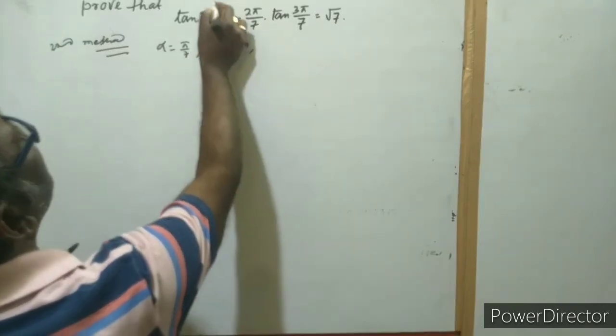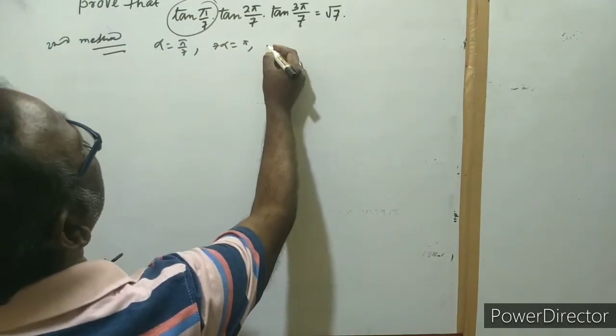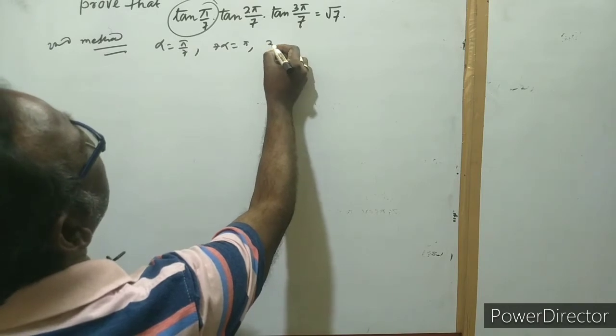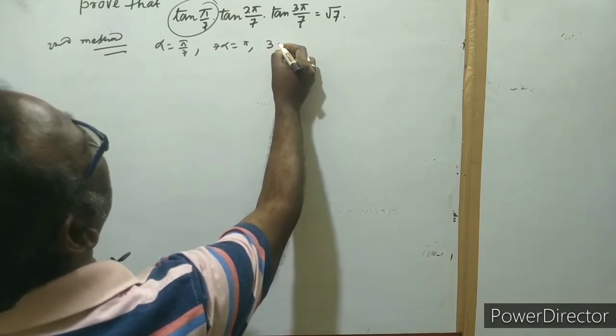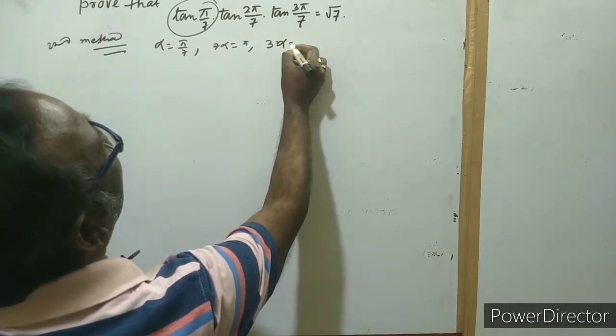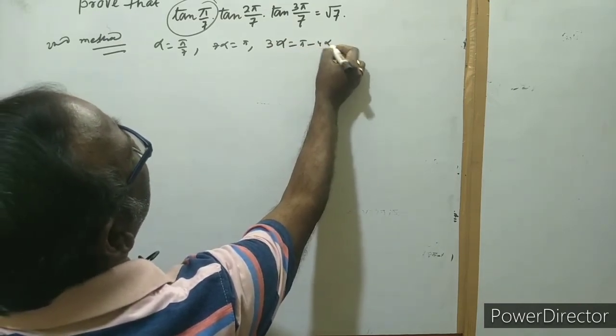Now we have to find this value actually. So this is 3 alpha and pi minus 4 alpha.